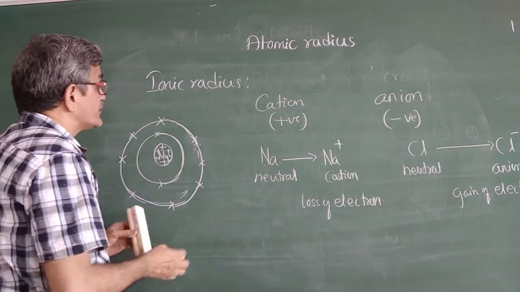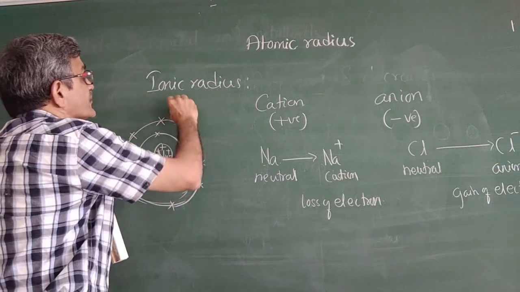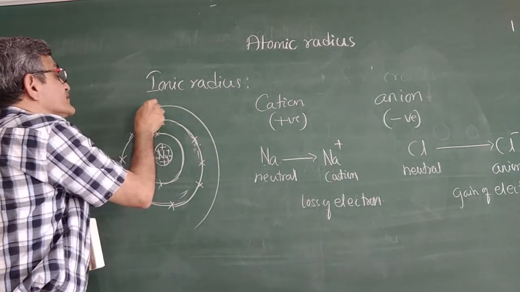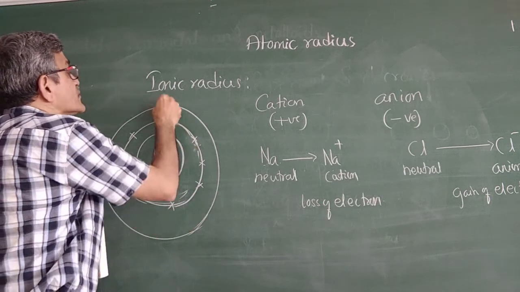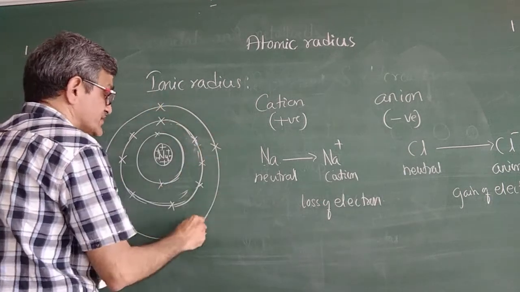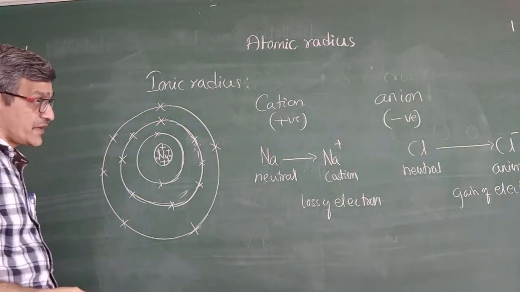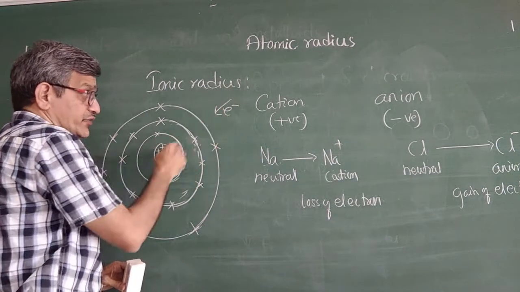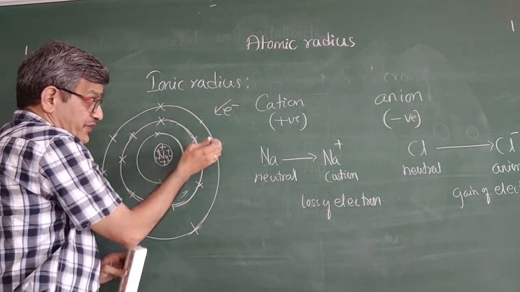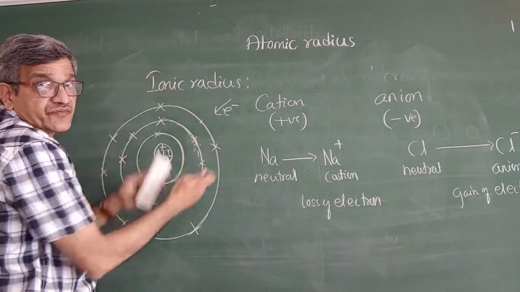So chlorine has one more, imagine one more shell: 1, 2, 3, 4, 5, 6. If I want to add one more electron, again it has to come here. So there is already an electron, and they will repel each other.